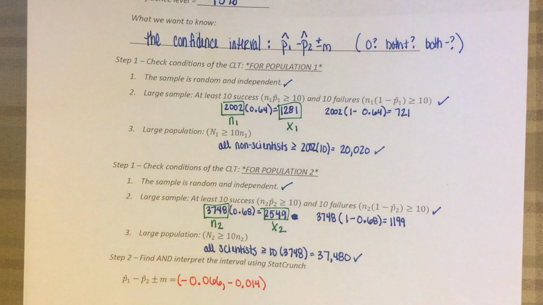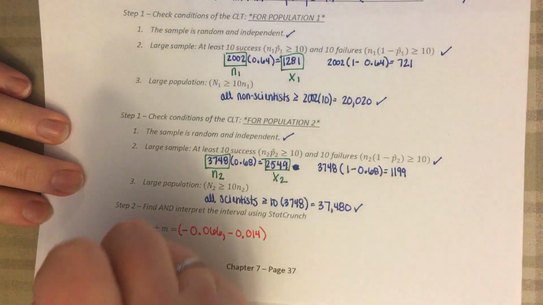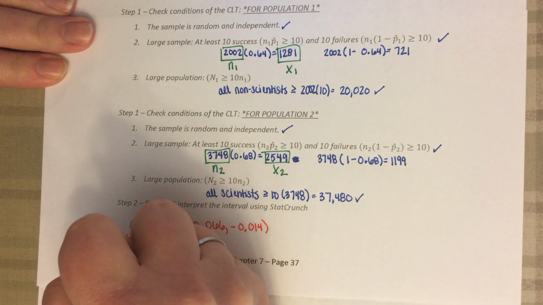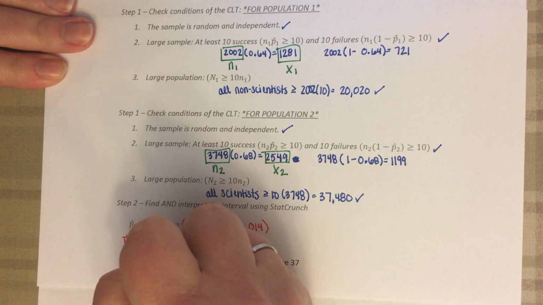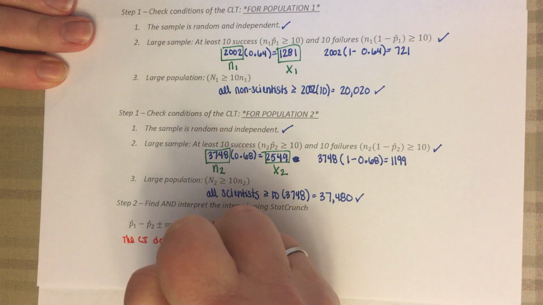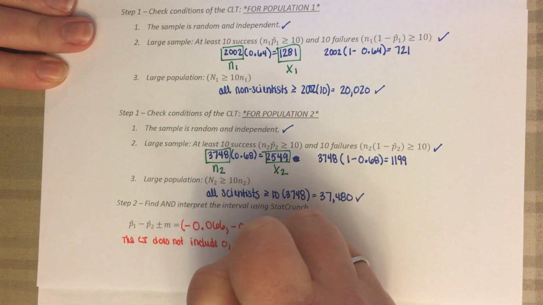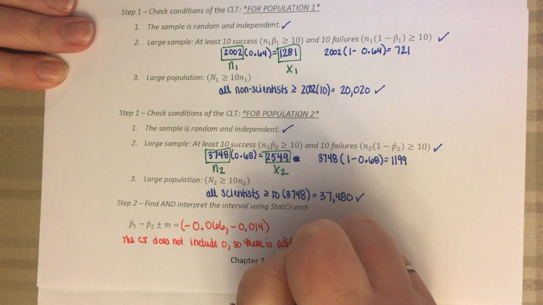All right, so looking at this, our interpretation: we do not include 0. So we're going to start by saying, underneath here, the CI, the confidence interval, does not include 0. So there is a difference.